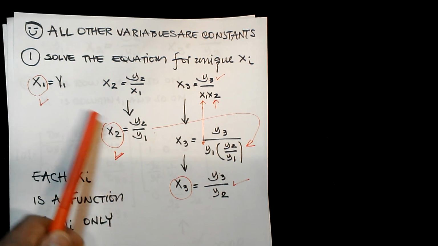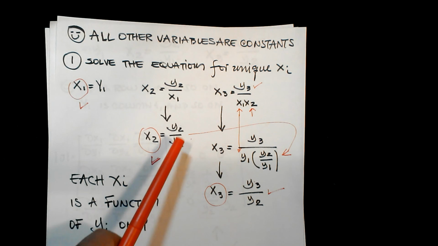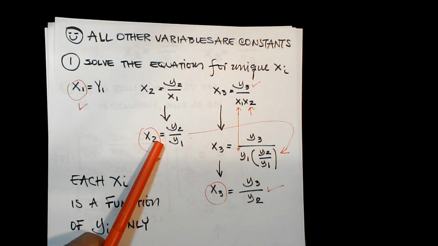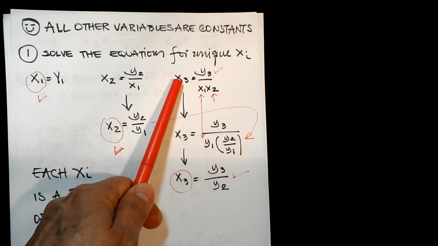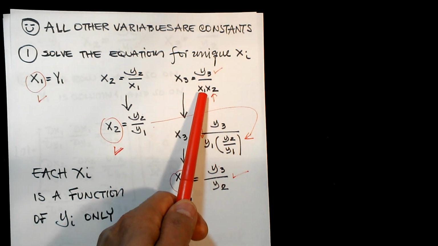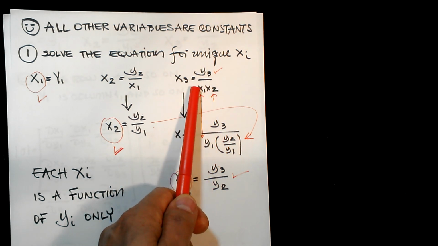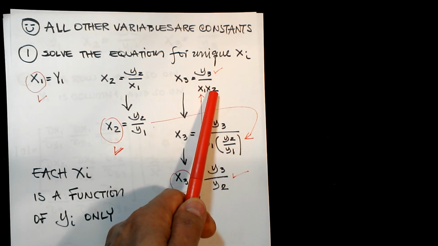This process of writing every x as a function of y only must be done in any problem before you try to find the Jacobian. Let's look at x3. We have x3 and y3 on top. At the bottom we have x1 and x2. We must replace x1 and x2 as functions of y only.